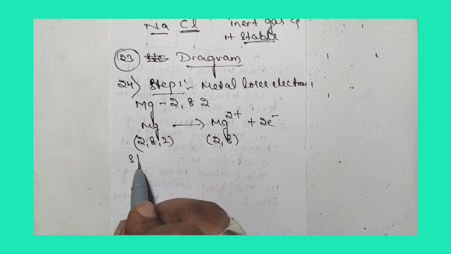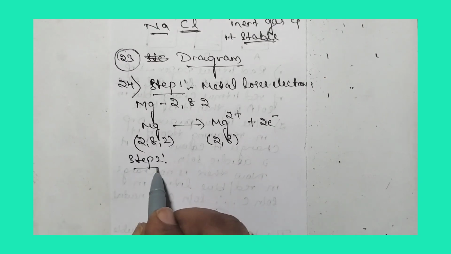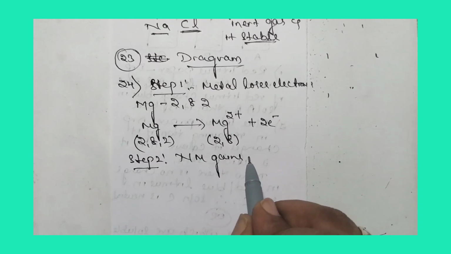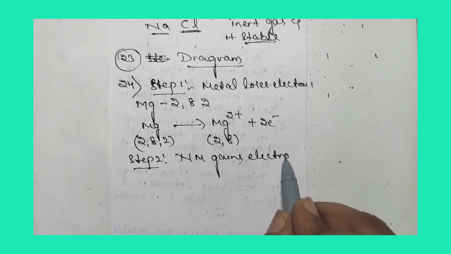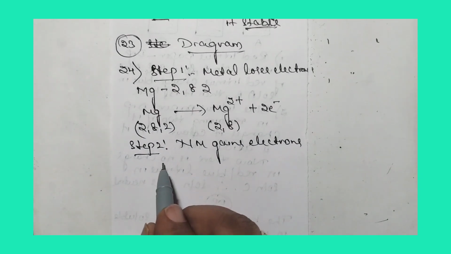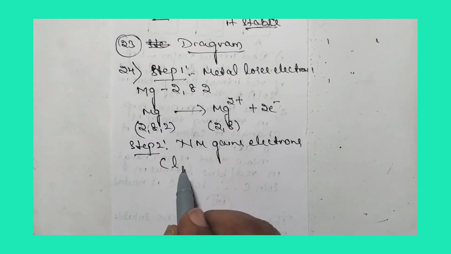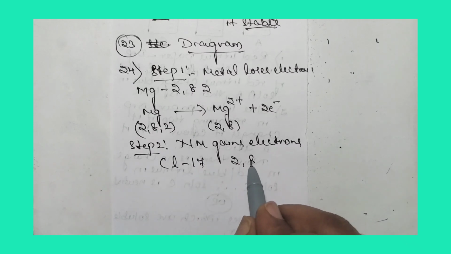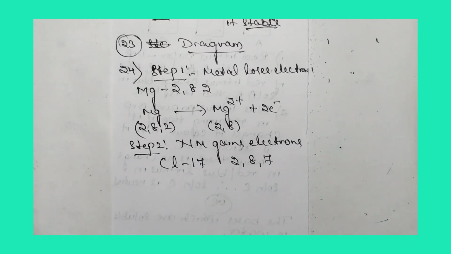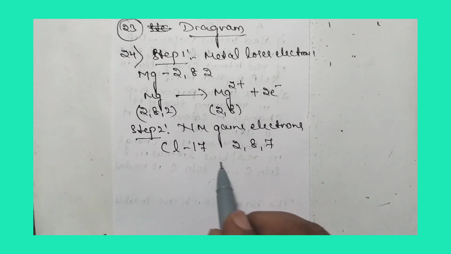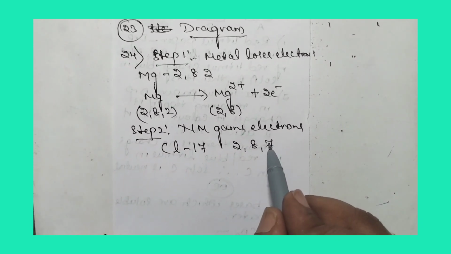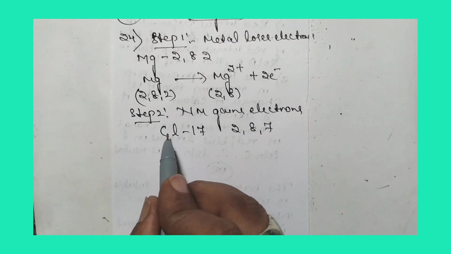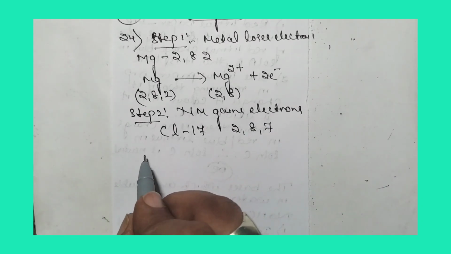Now step number 2. In step number 2, non-metal gains electrons. Chlorine, atomic number 17, has electronic configuration 2, 8, 7. By gaining 1 electron, this non-metal will become electronegative. That is, the chlorine atom will become a chloride ion.